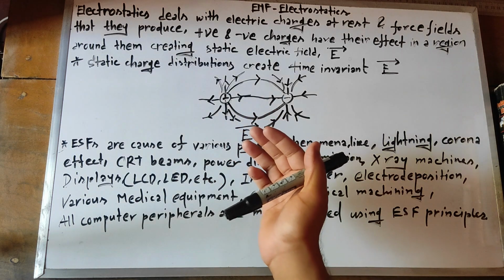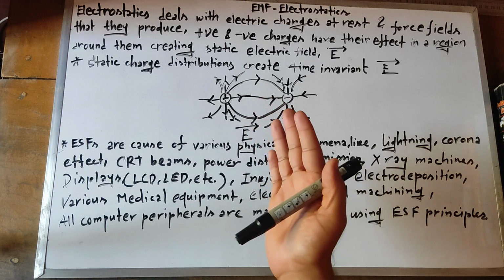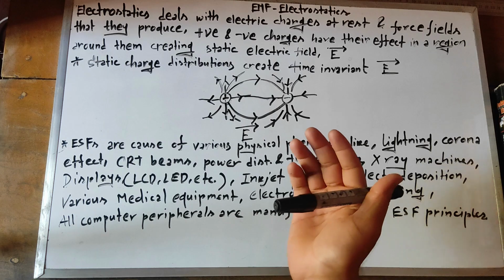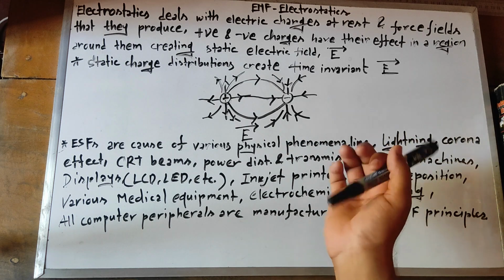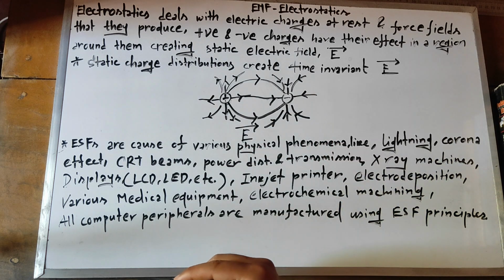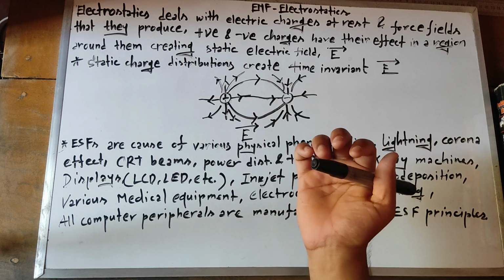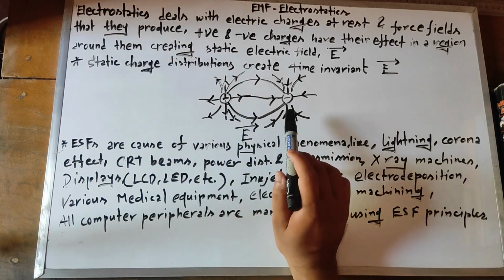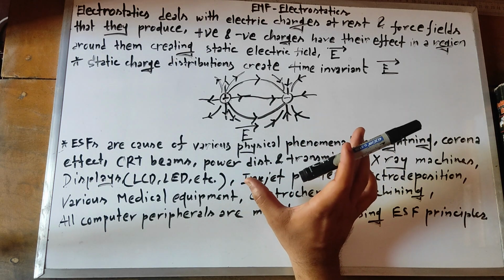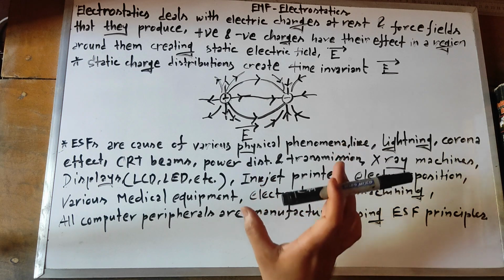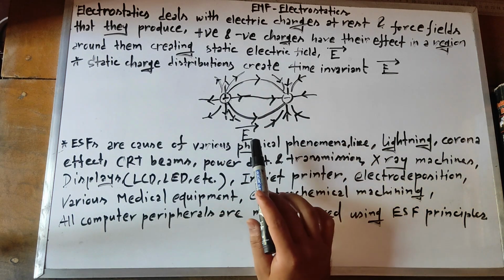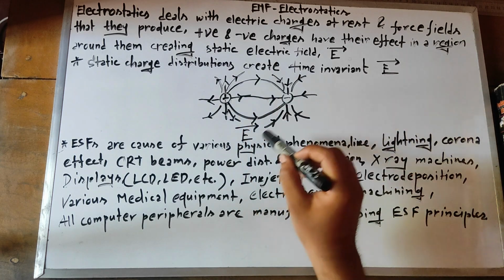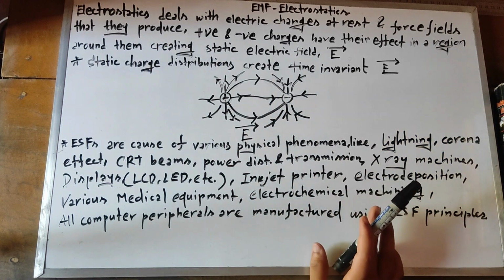Positive charges have their electric field, their flux, outward from them by convention, and negative charges are the opposite, with their force field inward. When positive and negative charges are in close proximity, they create an electric field which is a vector, from positive to negative.